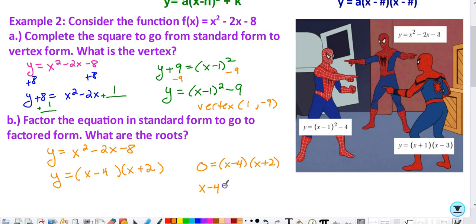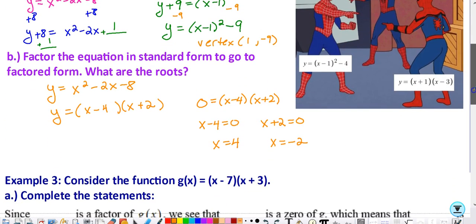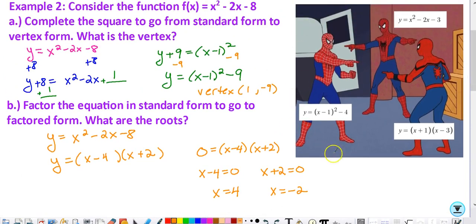Those are the x-intercepts. So x equals 4 and x equals -2. And a very funny, I guess, meme. They're all pointing at each other. Hint, they're all the same equation.